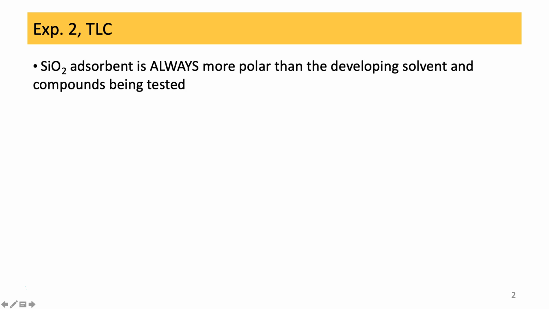All right, so what you need to know is that the adsorbent in this experiment is always more polar than the developing solvent that is pulling the compounds up the plate. So that means your samples are going to stick to the plate, and we're going to have to mess with the solvent, the eluent, to get them to go further if we want to.